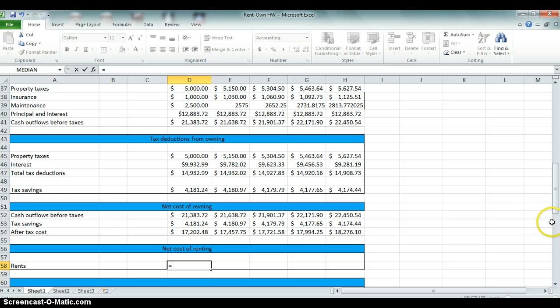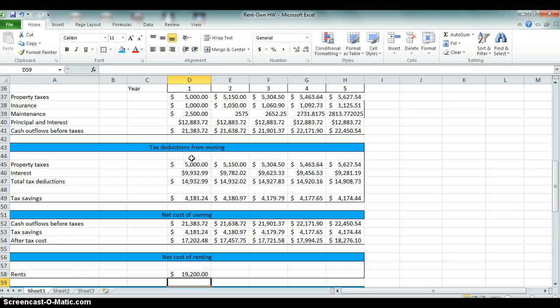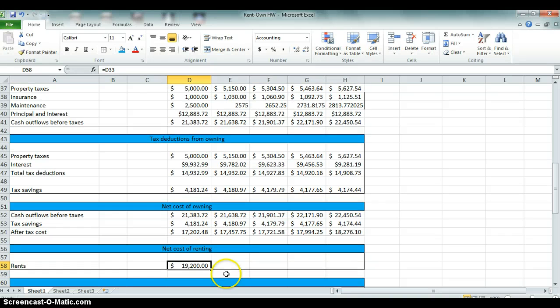We have already calculated our cost of renting in our property data, so we're just going to copy it and drag it down to make it all easier.